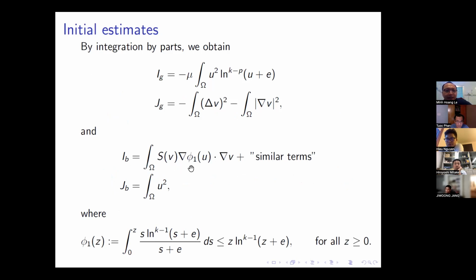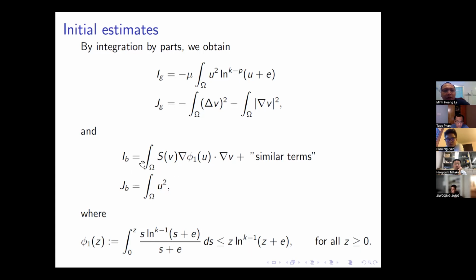And the bad term is this. It turns out after computation, we have IB is this term and JB is this term. We have some similar terms with this, where the function phi1 is defined as this integral and is bounded by this one. So that's all we need.